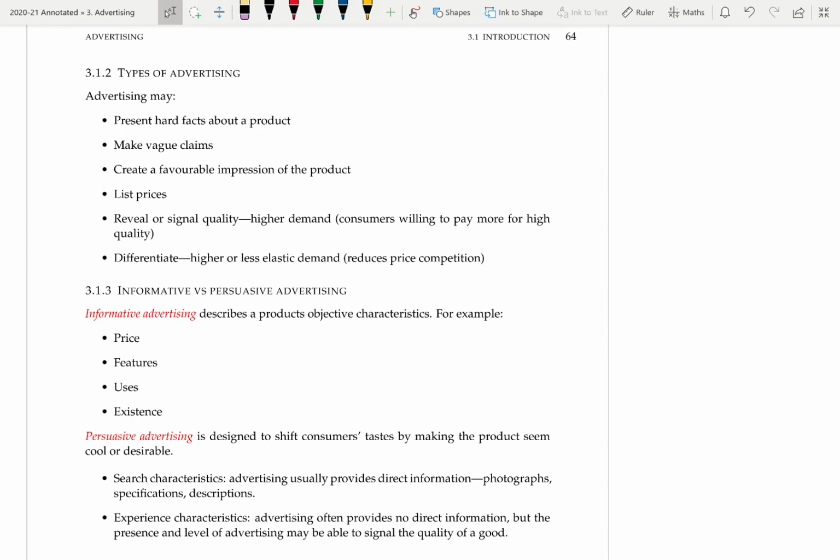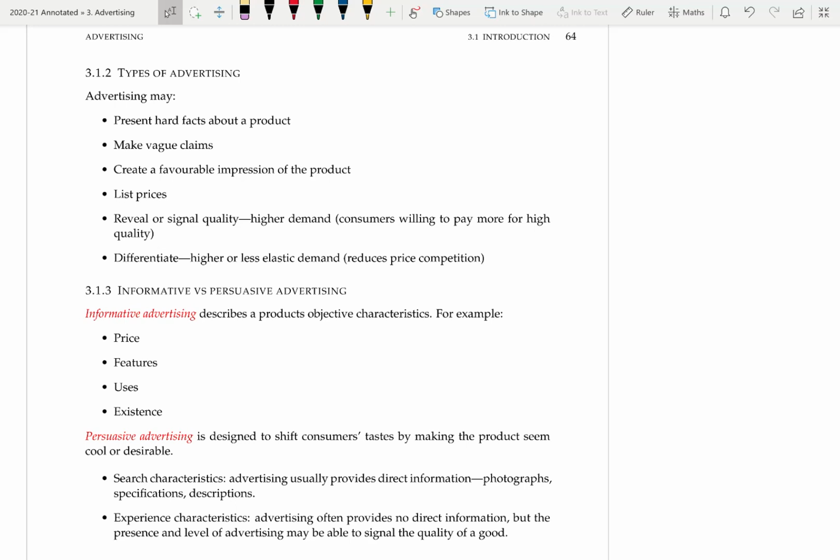In economics, there's a distinction between two different types of advertising: informative advertising and persuasive advertising. Informative advertising describes a product's objective characteristics. It might provide the price, a list of the features, what the product can be used for, or it could just be to advertise the existence of the product.